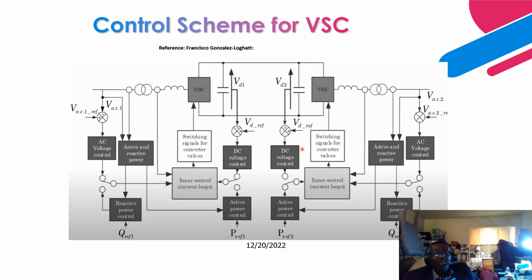Then it compares with the reference point and calculates the error, and this PI control drives the error to a minimal level. From there, it calculates the required direct axis voltage and quadrature axis voltage, which provide the firing signals to this converter to provide the required modulation to achieve the reference point dispatched.